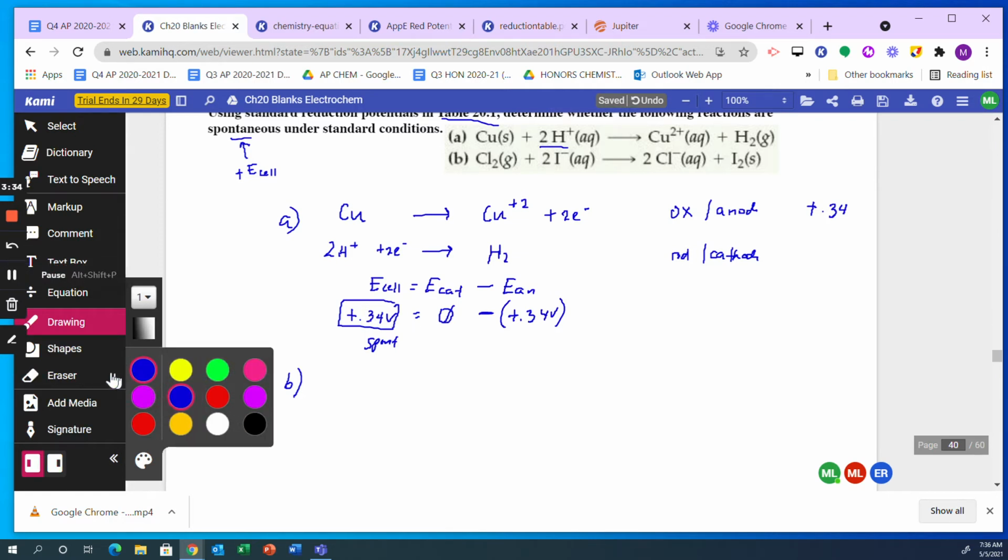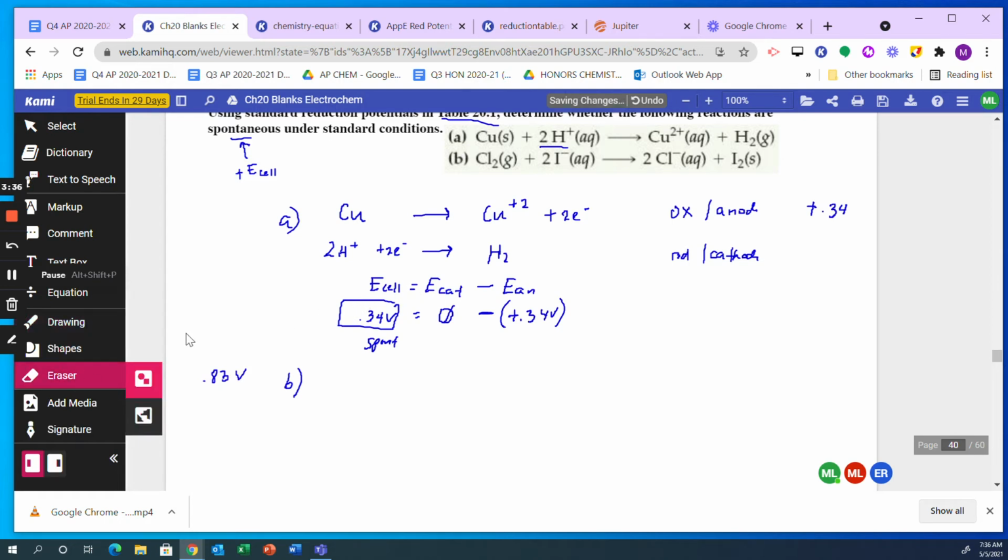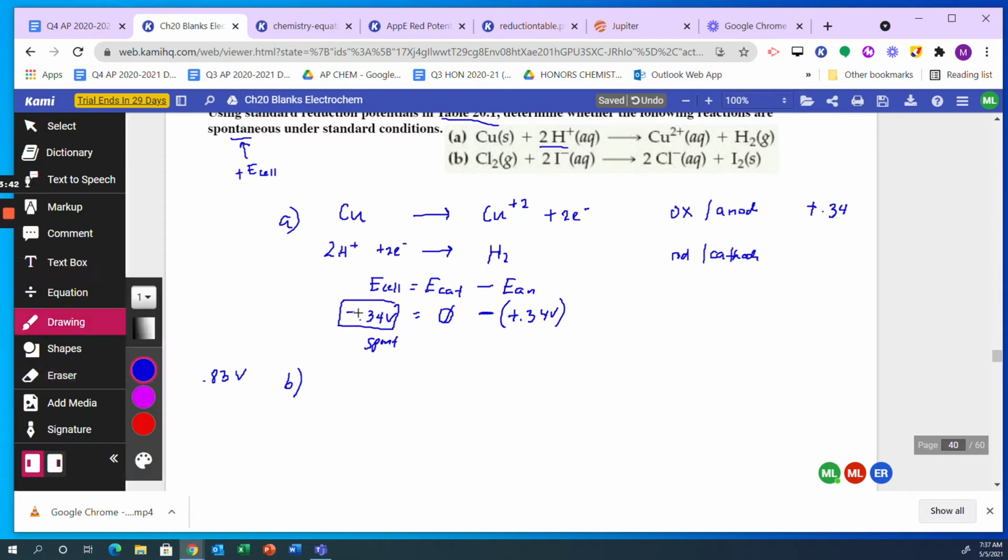It is negative 0.34. Sorry. It's negative 0.34, so it is not spontaneous, as written here. So what you can do to make this spontaneous is flip it over, flip these products to that side. That will make it spontaneous. But as written, it is not spontaneous.